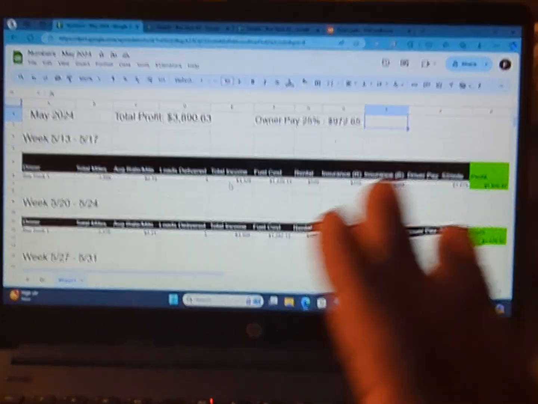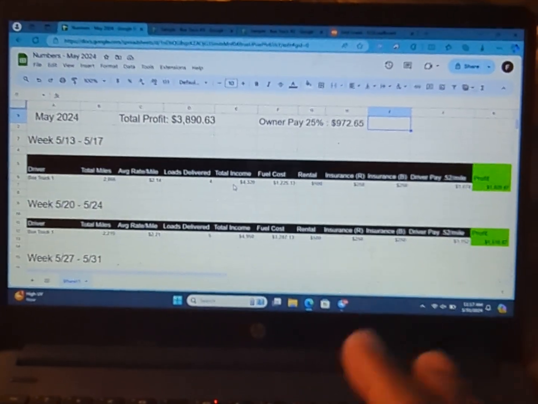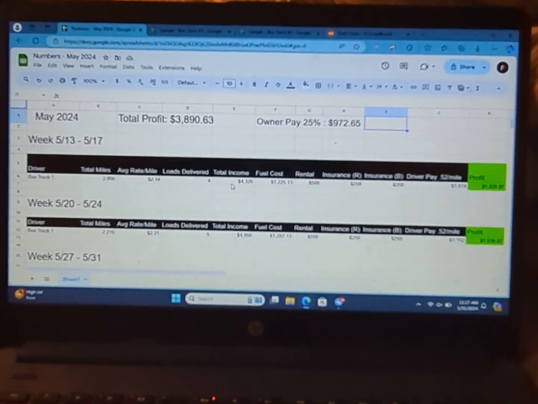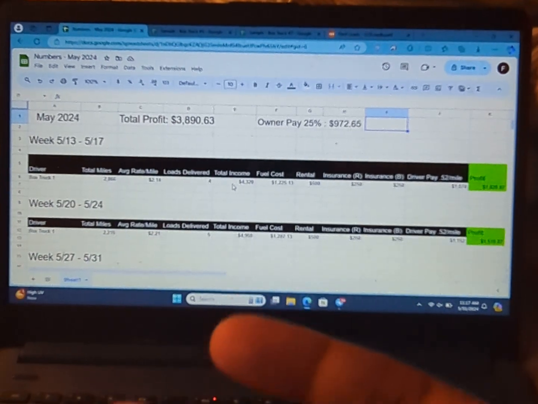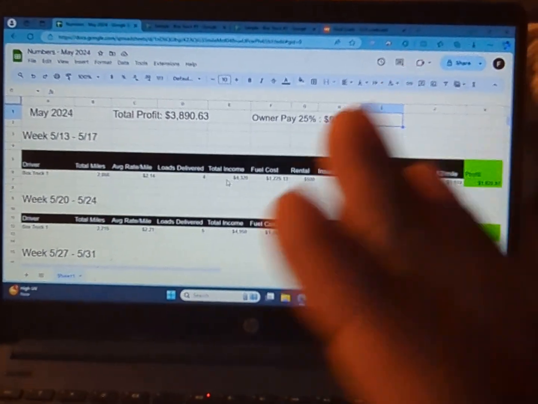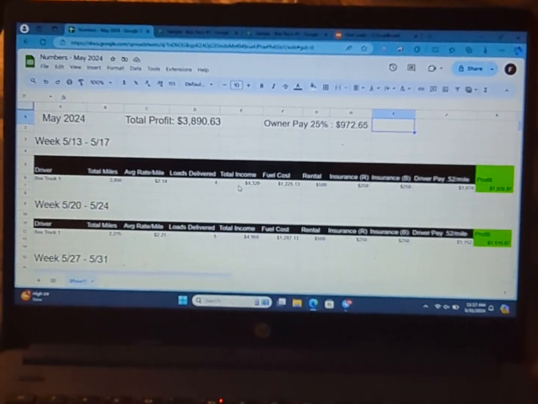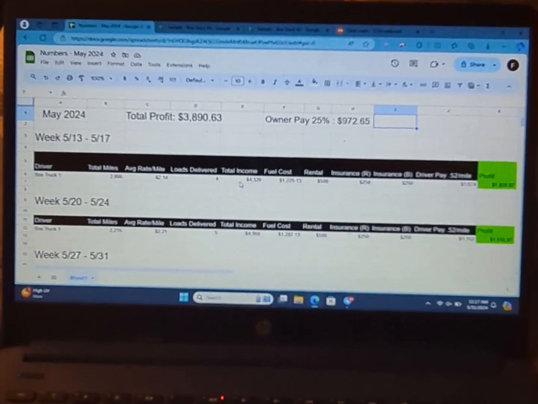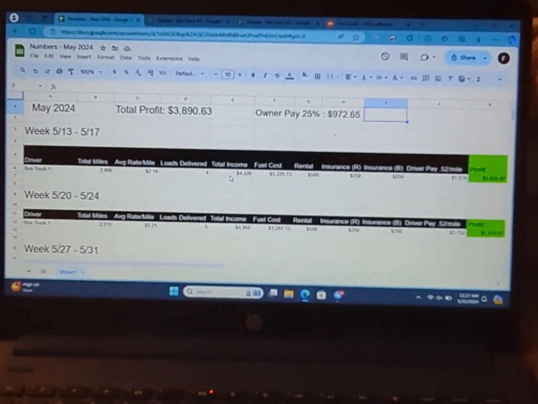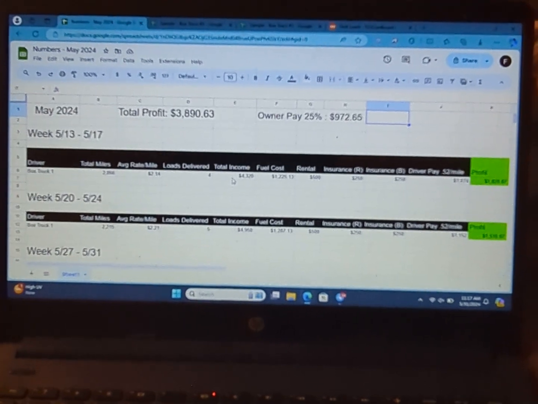So all of this stuff that I've done is a demo, but I believe it's probably close to the real thing. And anybody out there that's already running box trucks, just tell me what's right and what's wrong, and then I'll move forward like that.